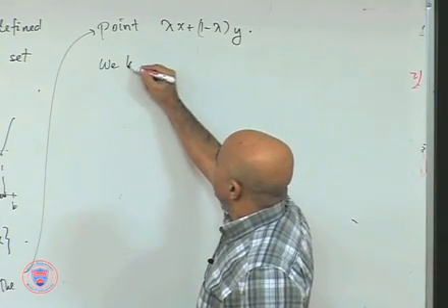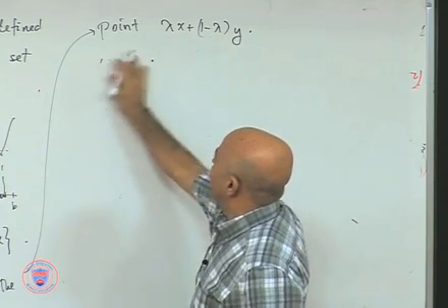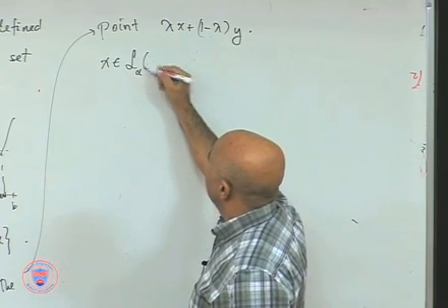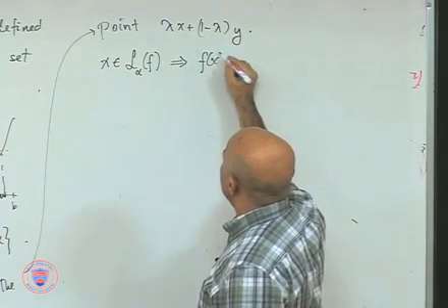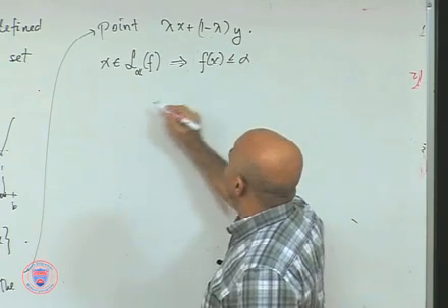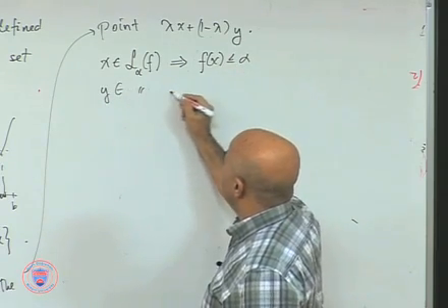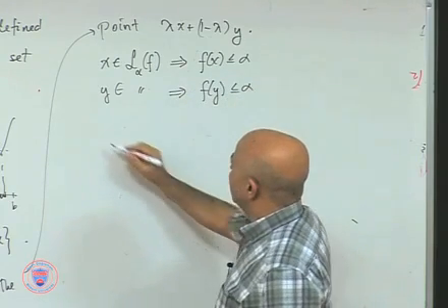We know the fact that x is in the level set implies f of x is less than or equal to alpha. And similar for y, f of y is less than or equal to alpha.